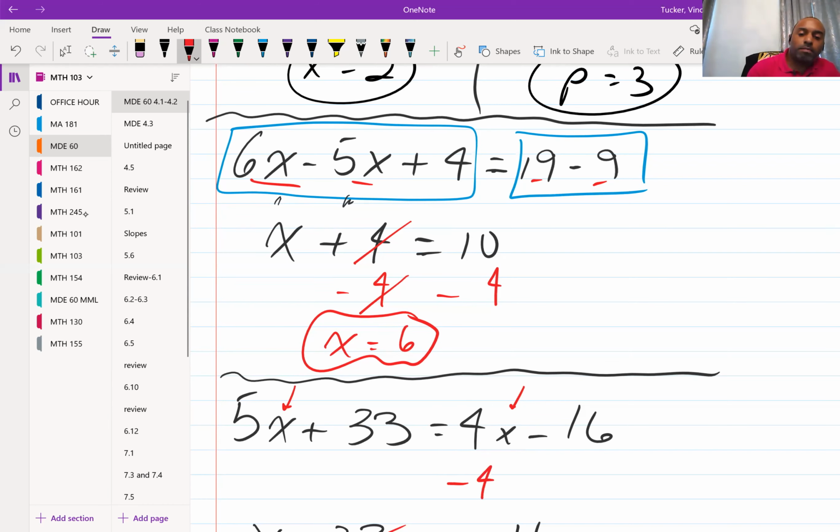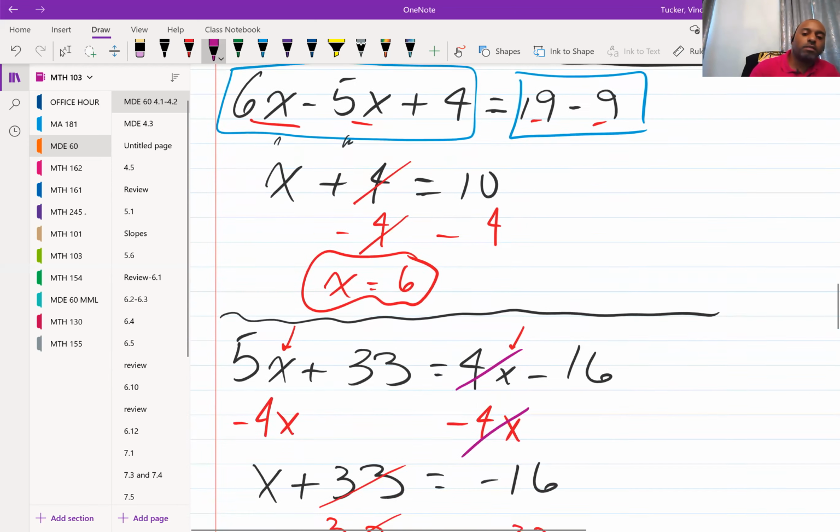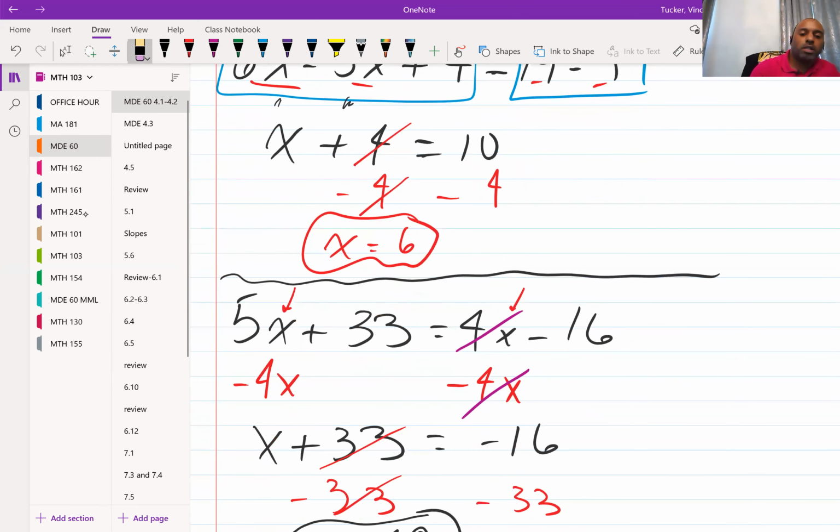So let's minus 4x from both sides. 4x minus 4x cancels on the right. And that leaves us with x plus 33 equal to negative 16. 5x minus 4x is just 1x plus 33 equal to negative 16.